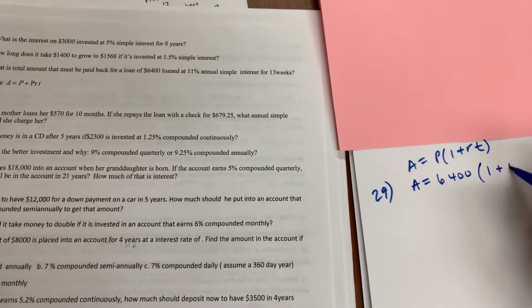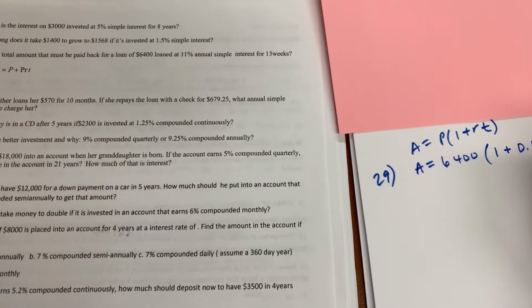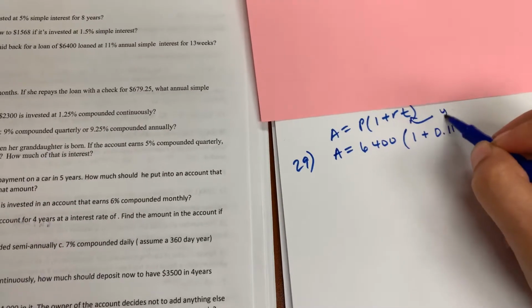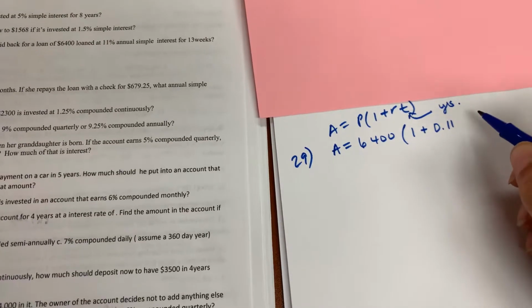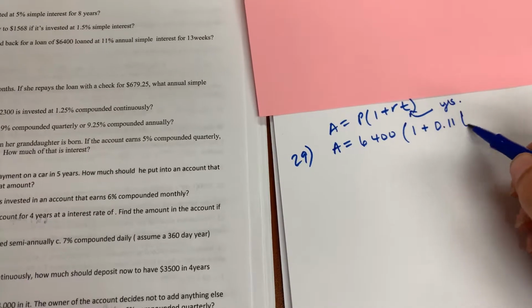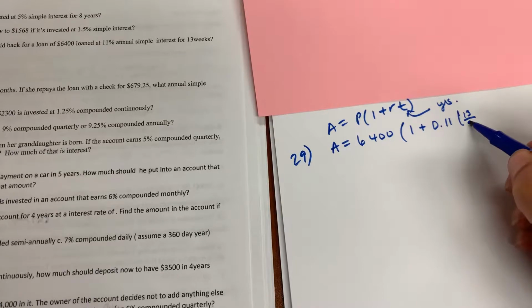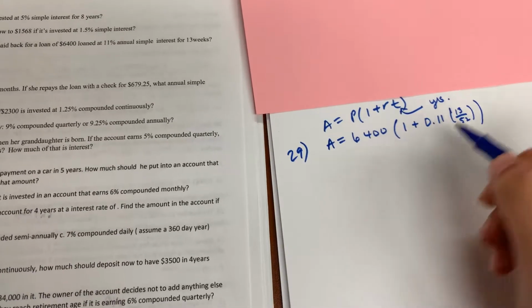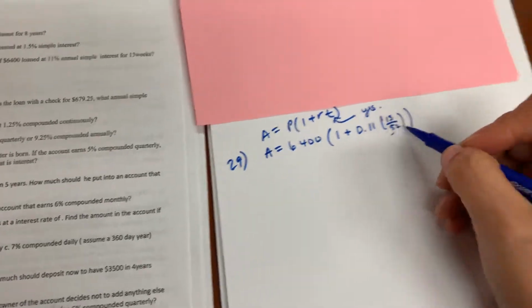1 plus I have a rate of 11%. And for 13 weeks, now remember time is always in years, and so 13 weeks would be times 13 over 52. And so now it just becomes a calculator problem, and leave it as a fraction, that's okay.